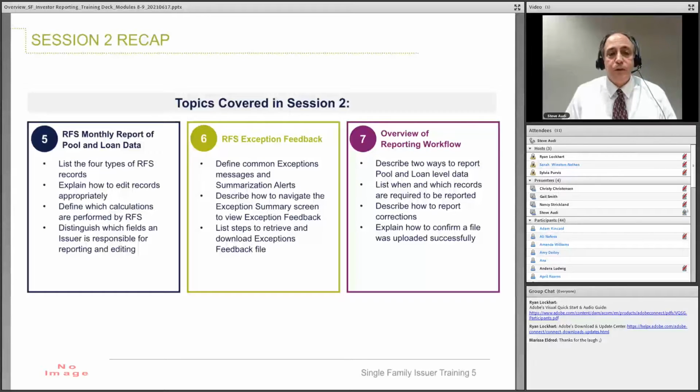And then we talked about the overview of the workflow, the timing, second business day through the 4th, which records were required to be reported, and talking about corrections, and the FAs, the functional acknowledgments. So this session, Christy will talk about what we're covering today.